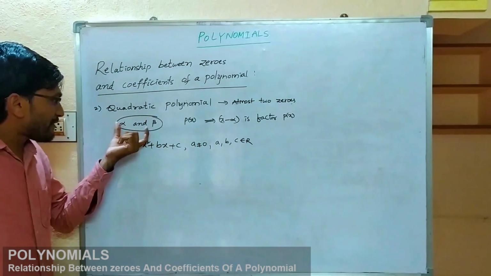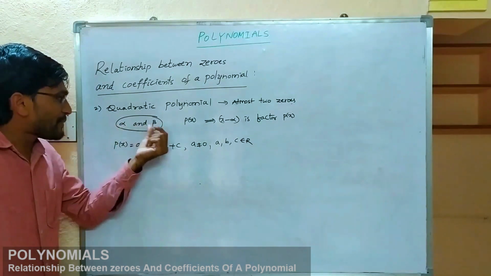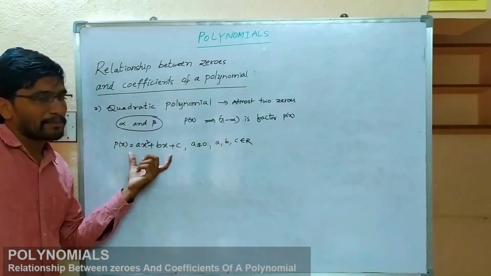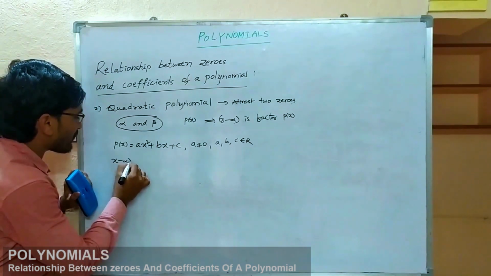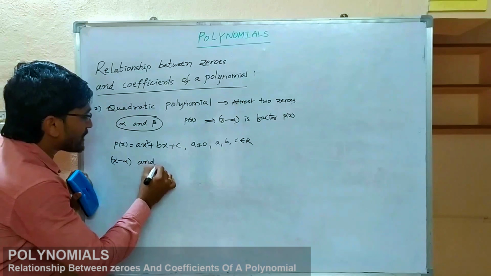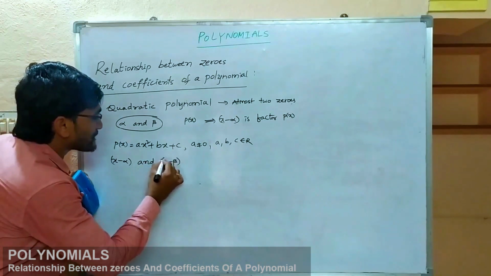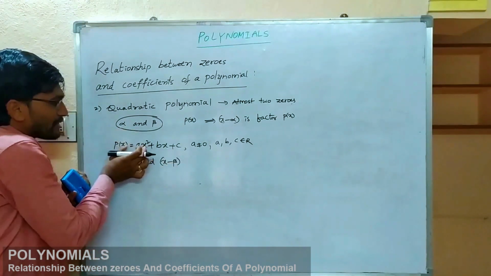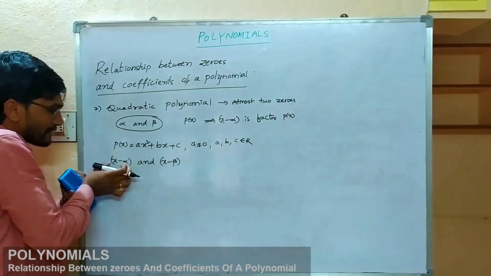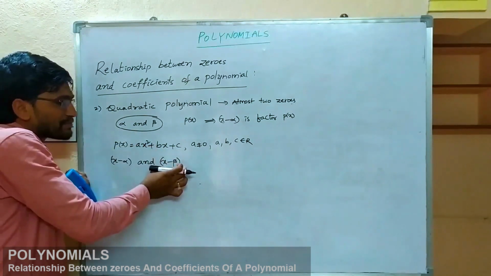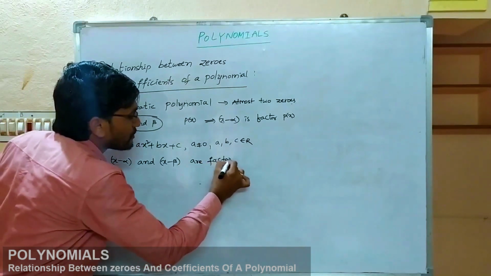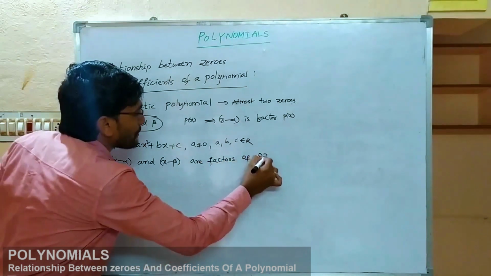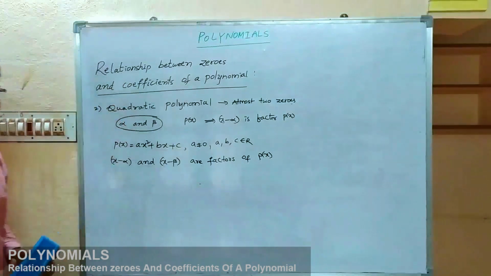Already we discussed alpha and beta are the zeros of this polynomial. Then x minus alpha and x minus beta are the factors of p of x.